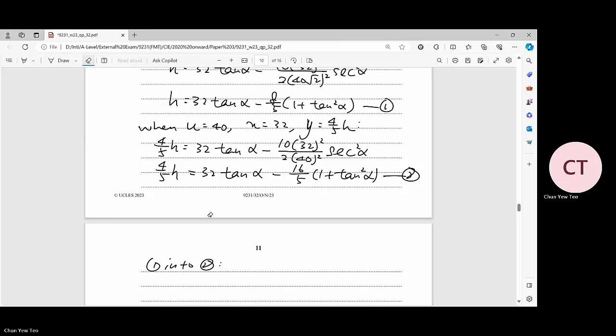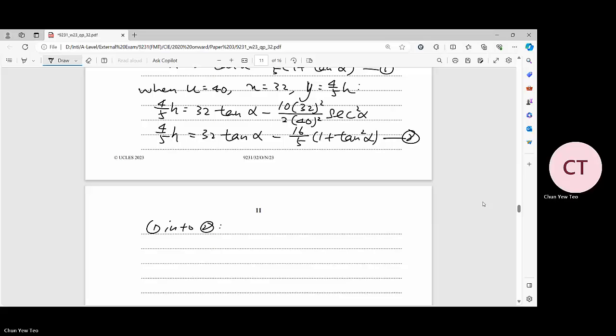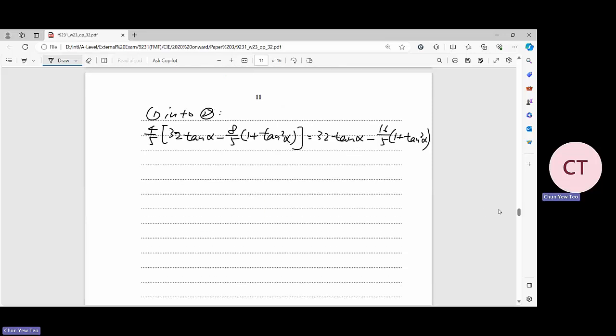So you will get 4 over 5 of the h, 32 tangent alpha minus the 8 over 5, 1 plus the tangent square alpha, equals to 32 tangent alpha minus the 16 over 5 of 1 plus tangent square alpha.